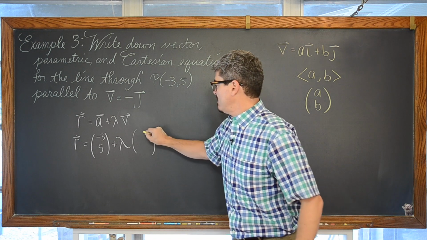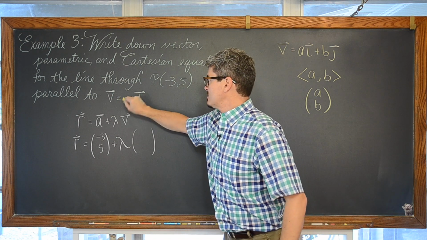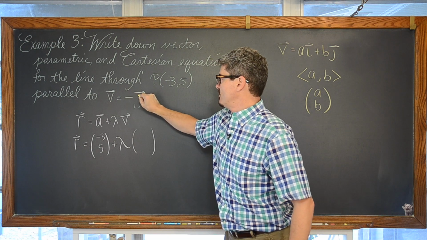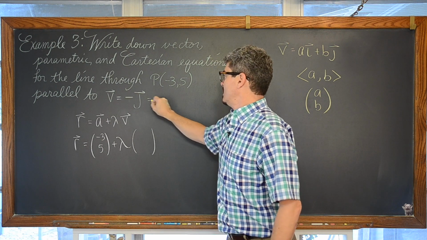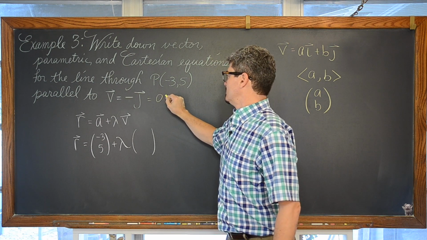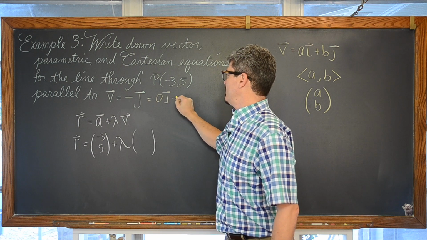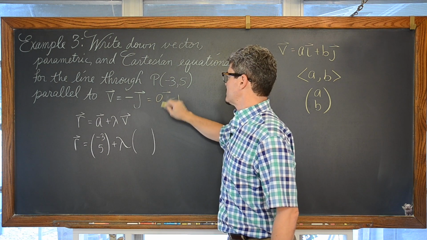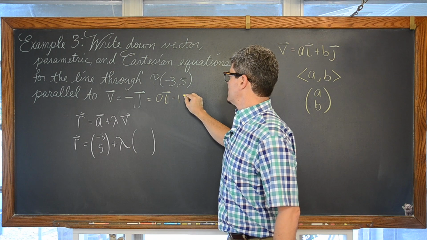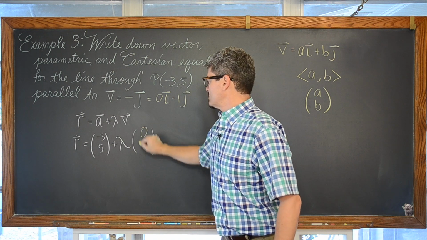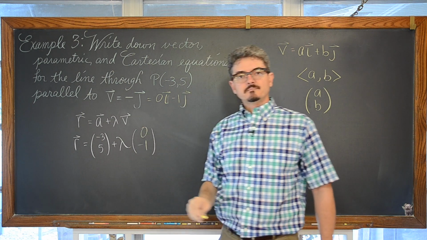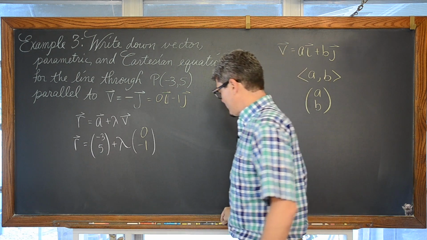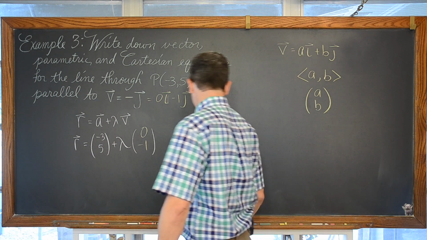But here, vector v is simply minus vector j, which is 0 times vector i minus 1 times vector j. So we're looking at the vector (0, -1). Okay, so that's vector format, and we did that in white.